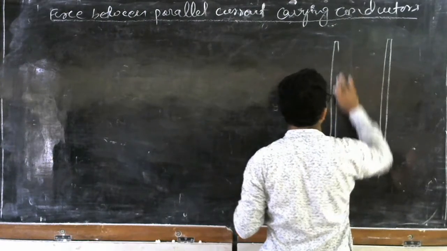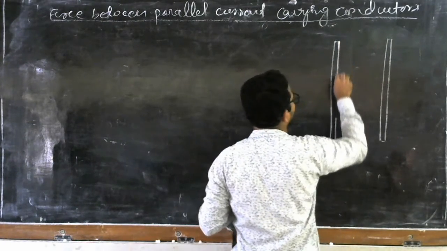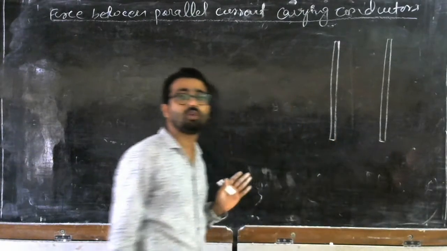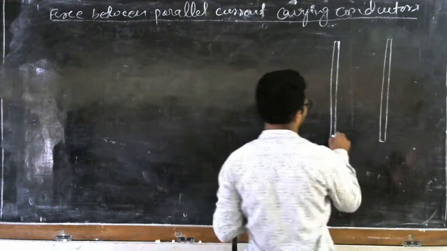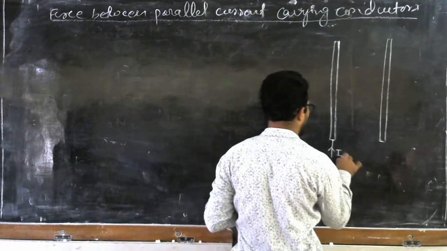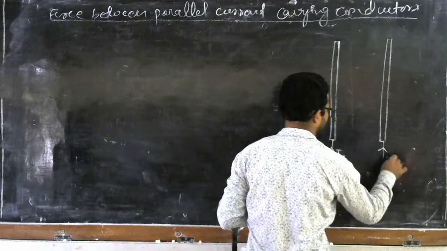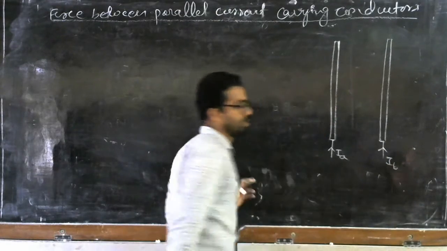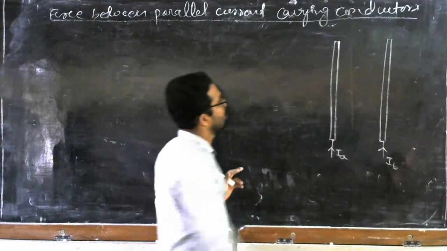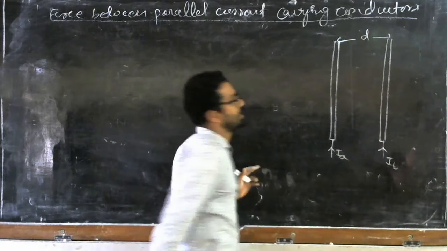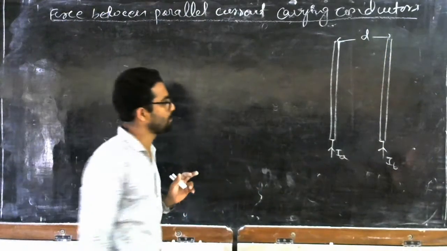They have a uniform cross section. Let's say the current flowing through this conductor is IA, and through this one a current IB is flowing. These two conductors are separated by a very small distance, D.